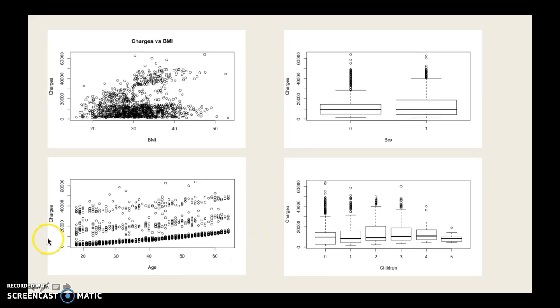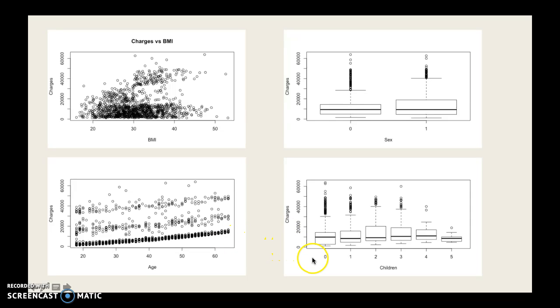This one's interesting, the cost by age. What we can see here, it looks like while overall there may not be a significant difference between a younger age and an older age, the minimum insurance cost definitely increases as age increases. As we can see, this line here is increasing, so the minimum insurance cost is increasing with age.